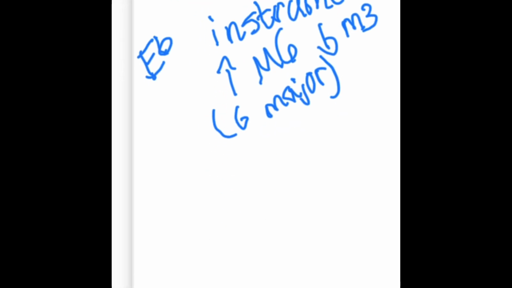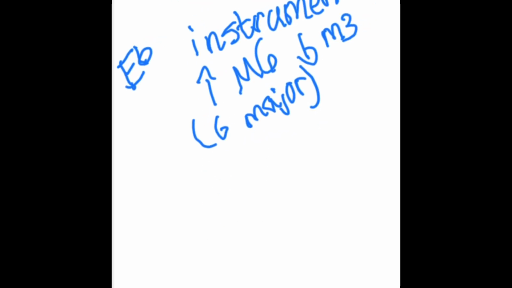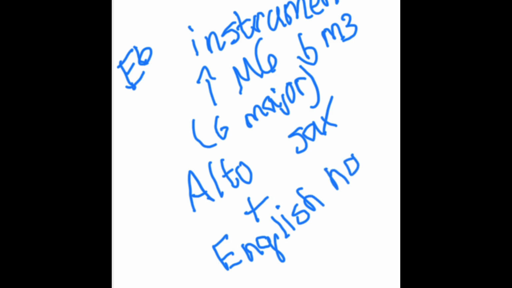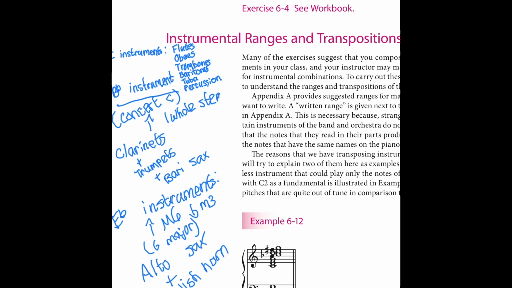So you have some instruments that follow: alto sax and English horn follow, and it could go on.